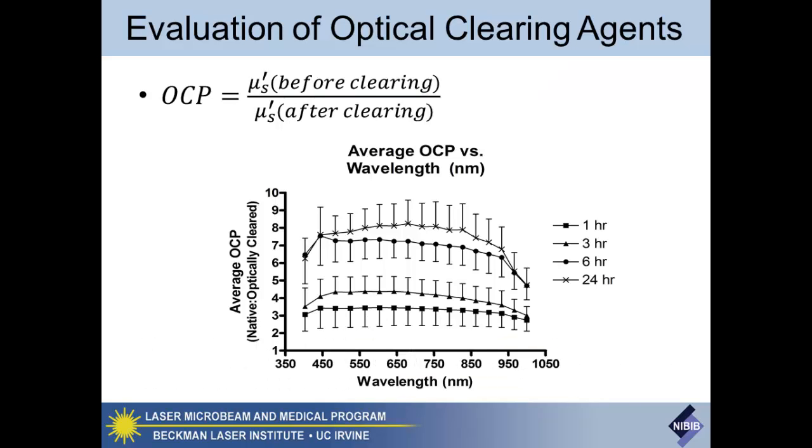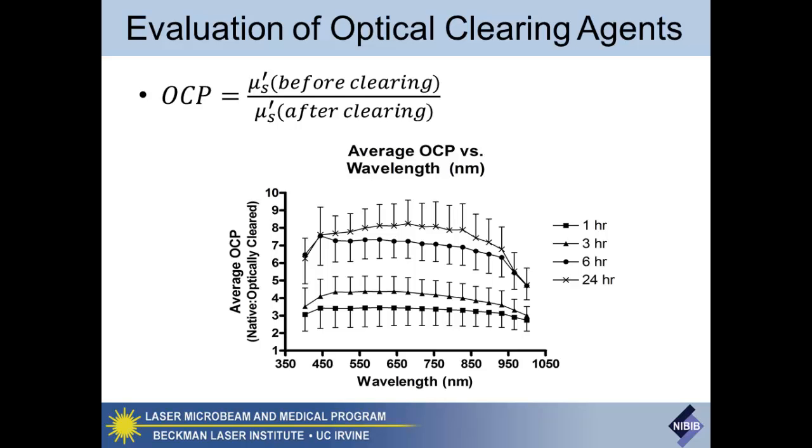So again, very simply, using inverse adding doubling, we would measure these slices as a function of time when these clearing agents were applied, and look at the changes in scattering. Again, this was a somewhat arbitrary metric of the optical clearing potential of these agents. You can see that relative to its initial tissue state, you could get up to a factor of 8 reduction in scattering.